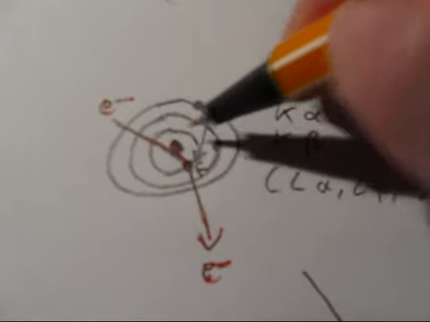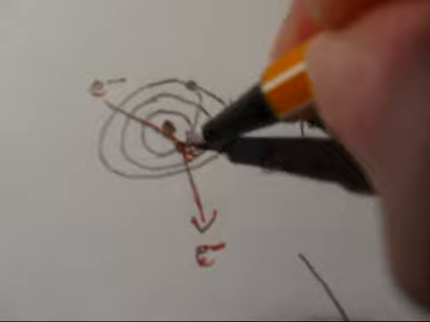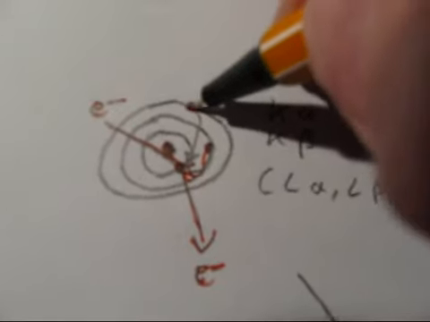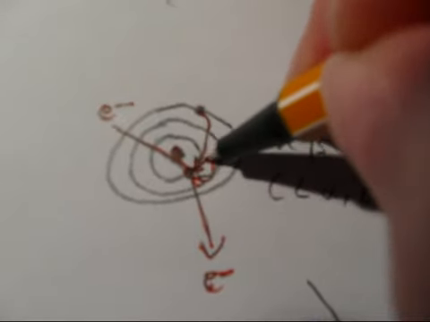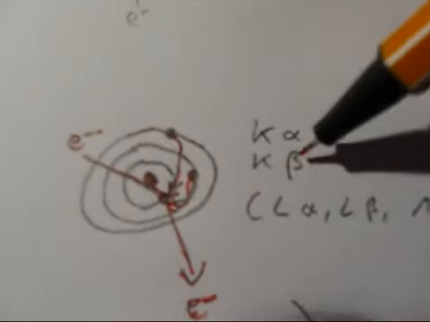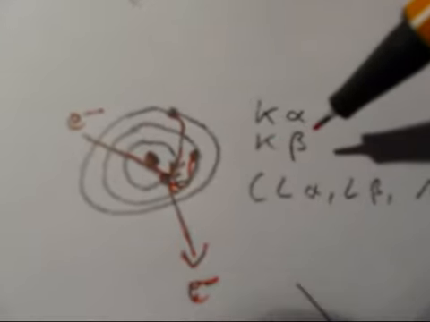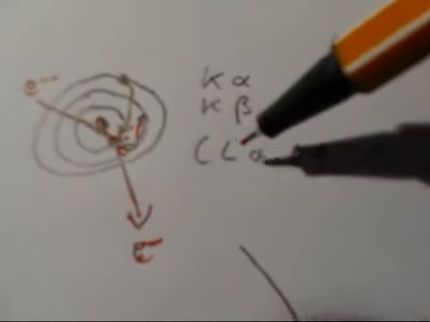And as I said, this is the K shell. Then we have the L shell here, so that electron may jump in there and fill the gap. Or from the N shell, that electron may also fill the gap if it jumps from here to there. That may be K alpha radiation for the first mentioned jump of electrons, or K beta radiation. Of course, this may also happen with other electrons.